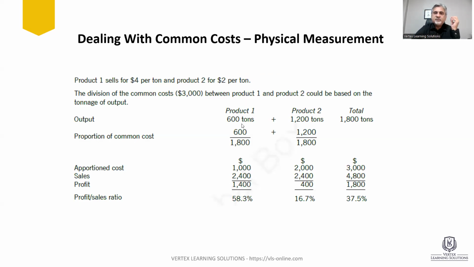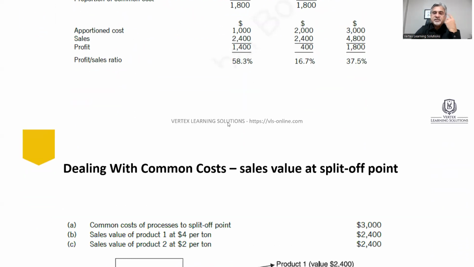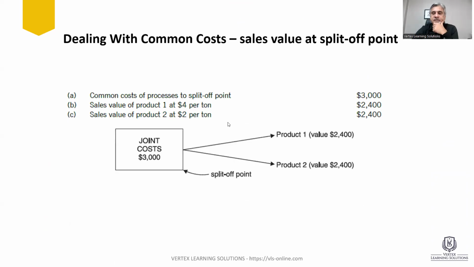The other method, the sales value method, is more acceptable. It's the same example. I'm continuing with the same example where you have a common cost of $3,000. Sales value of product one is $4 per ton, and you had 600 tons multiplied by $4. This is the sales value.